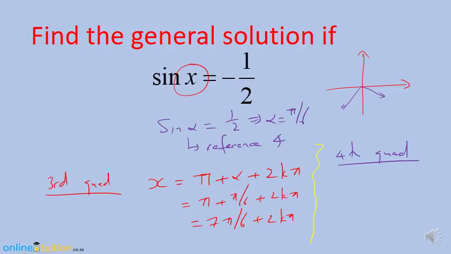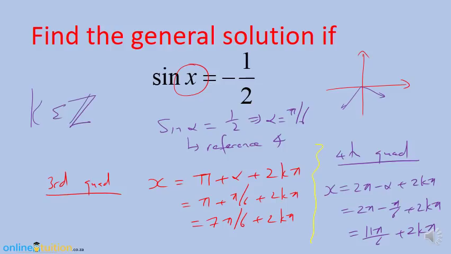Well, if we're not using negative angles, then x is 2 pi minus alpha plus 2k pi. That is 2 pi minus pi by 6 plus 2k pi. And that's your answer. You can actually simplify that. What is that? 12 pi minus pi over 6. That gives, please check my algebra, 11 pi over 6 plus 2k pi. And all of this, we know that k is an integer. And that's it. Pretty straightforward. No hassles. Done.